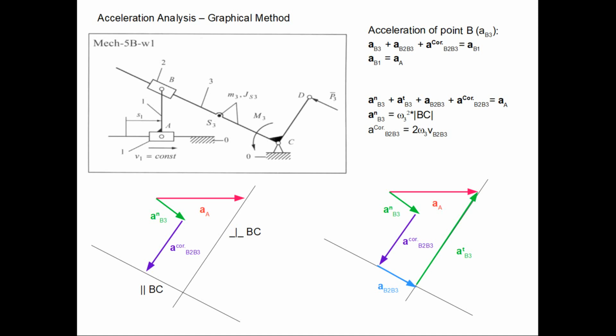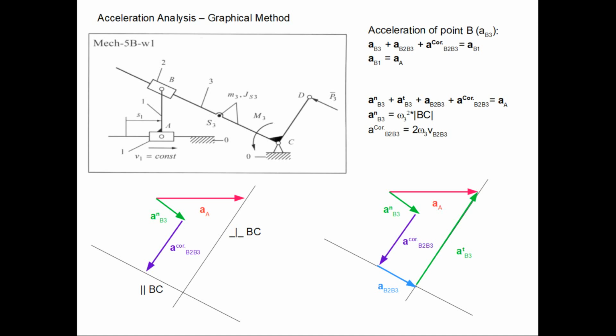So first we draw all of the vectors which are known to us. So AB3 normal, which is known, so we can draw this vector, and also the Coriolis acceleration is known to us because we have the magnitude as well as the direction, so A Coriolis, B to B3 has to be drawn first.